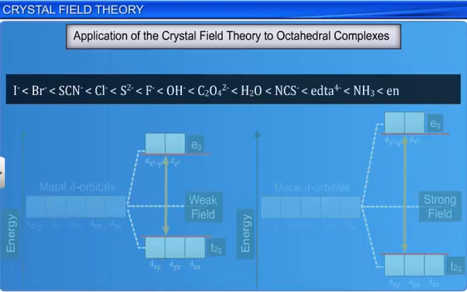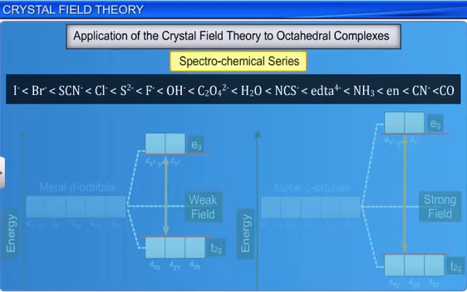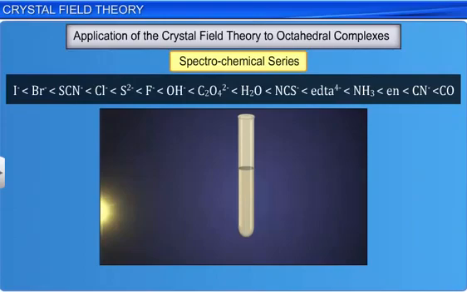The order remains practically constant for different metals, and this series is called the spectrochemical series. It is an experimentally determined series based on the absorption of light by complexes with different ligands.